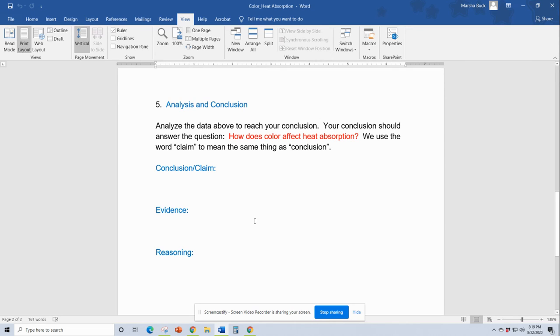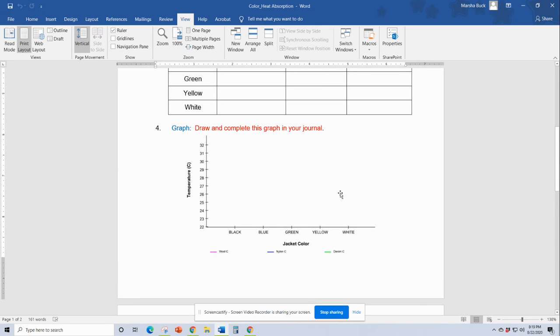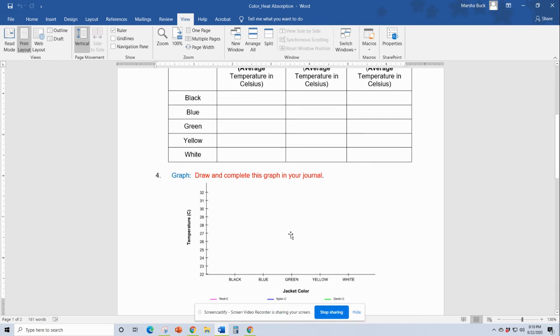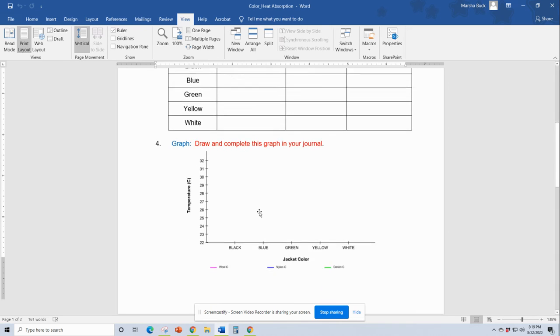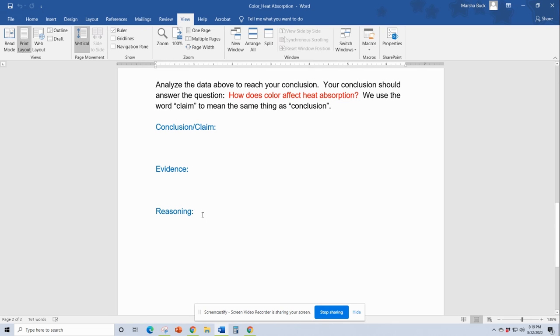Your evidence will be, ta-da, right here's your evidence, here and here. So you can cite your evidence from the data table and or the graph. And remember, the reasoning is where you want to try to put some science in there. So just thinking in terms of maybe what you know about what makes temperature go up.